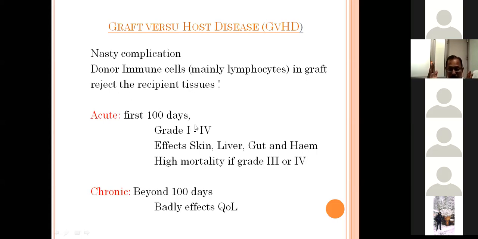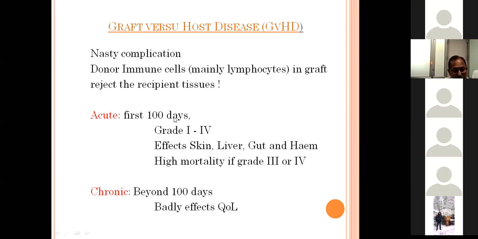The stem cell bag you are infusing, where you have taken stem cells from bone marrow, is not pure. It has lymphocytes, dendritic cells, macrophages, blood cells, fat cells, reticulum cells, every kind of cell. So if these lymphocytes identify the patient as foreign and react vigorously, that leads to acute graft versus host disease, which is typically seen in the first 100 days.